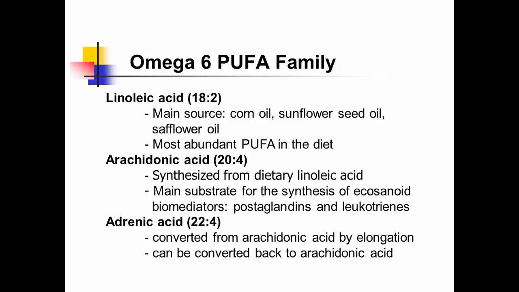And arginic acid can usually be converted from arachidonic acid by just an elongation reaction, because it has just two more carbons than arachidonic acid. And it can also be converted back to arachidonic acid, right? I think arachidonic acid is more important than arginic acid. These two fatty acids can be interconverted.